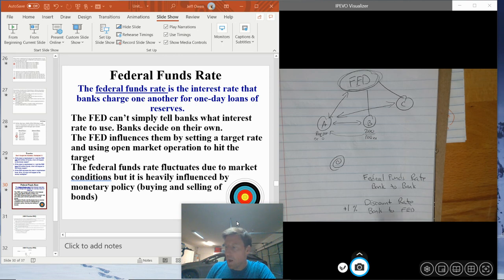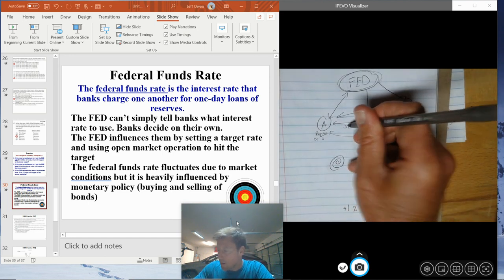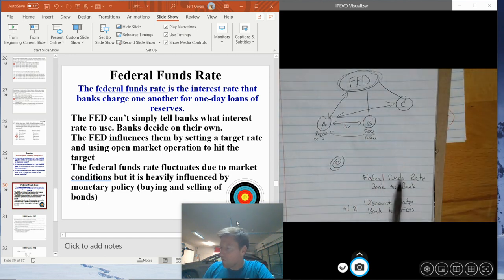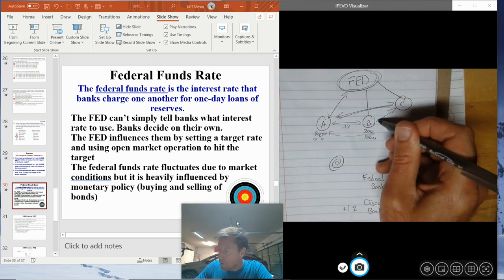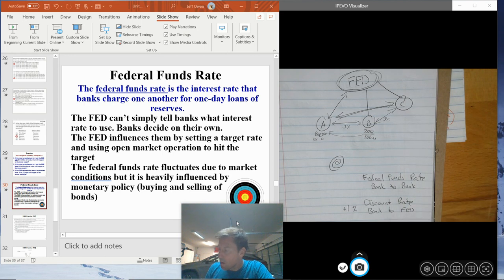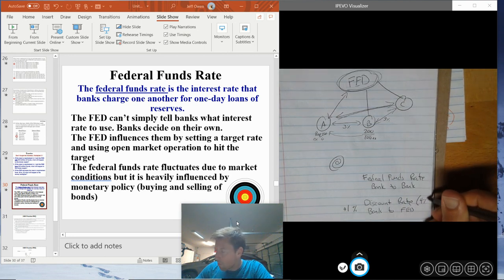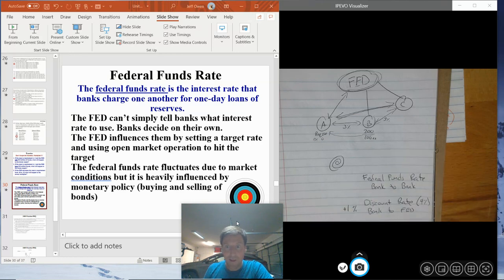Why not just keep the discount rate 1% higher than what these guys are borrowing from each other? So if the bank to bank, or federal funds rate, is 3% between Bank A and Bank B and Bank C and Bank B, then the discount rate would be 4%.